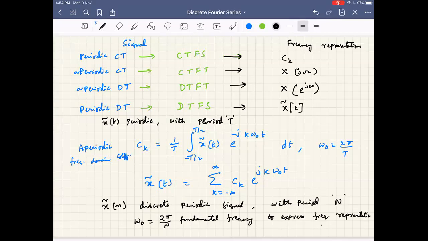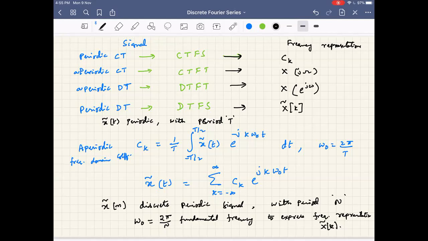Okay, that is x tilde of k. Fine. So now let us see, on similar lines with the above expressions, how do we write the frequency domain representation of the periodic discrete time signal.